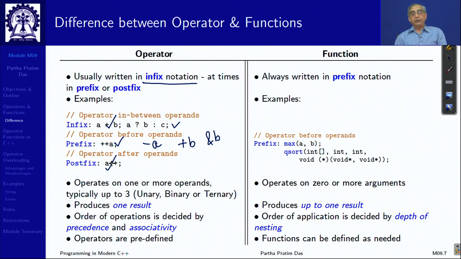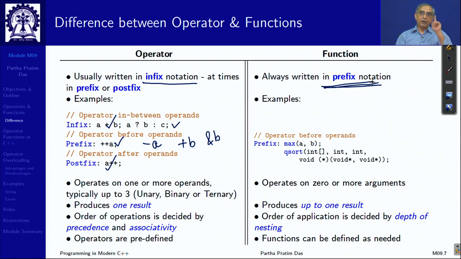In C++ operators, typically you have up to 3 operands. There is one ternary operator, otherwise everything is 1 or 2. It always produces typically 1 result. Now, if you look at function, the main factor is that a function is always in the prefix notation.